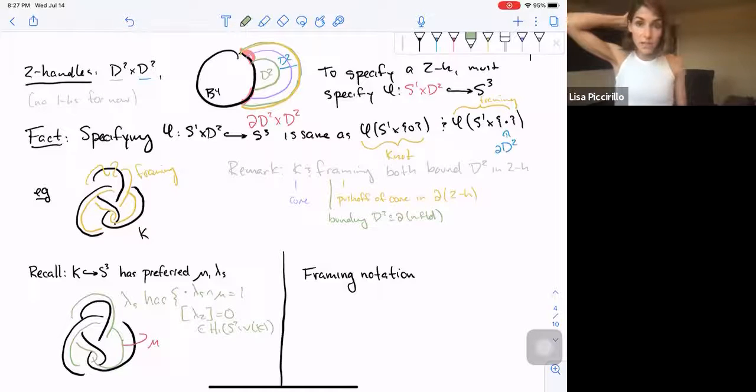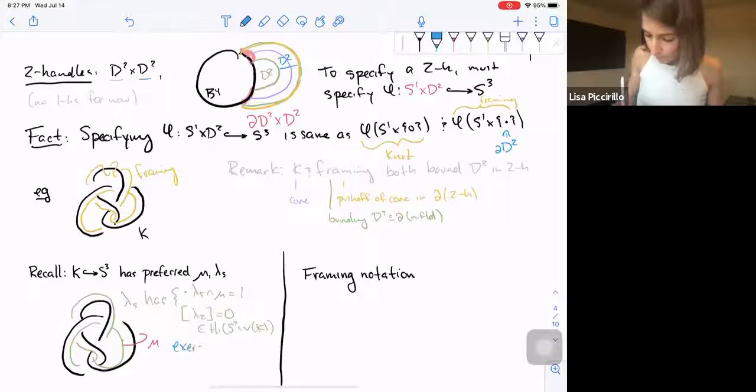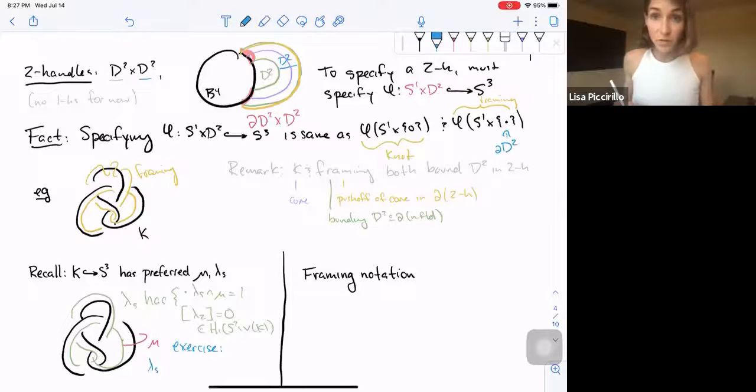And if you've never seen this before, it won't be obvious that this Seifert longitude exists or is unique. You should try to convince yourself of that. And even if you have seen the Seifert longitude before, I want you to try to convince yourself of something else. Exercise. The Seifert longitude, its definition is this kind of algebraic thing, but you can spot it in any diagram of your knot.